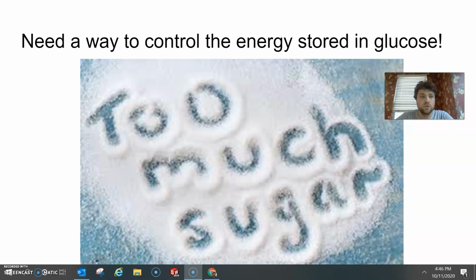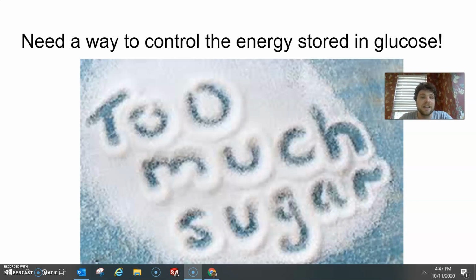Now, you've watched the demo and you see that sugar contains a lot of energy. And our cells need a way to control that energy because, as you just saw, if that energy was released all at one time, our cells would melt and probably get destroyed.